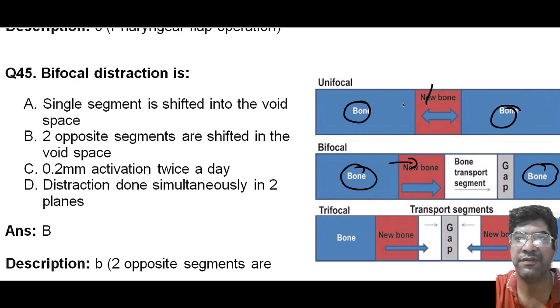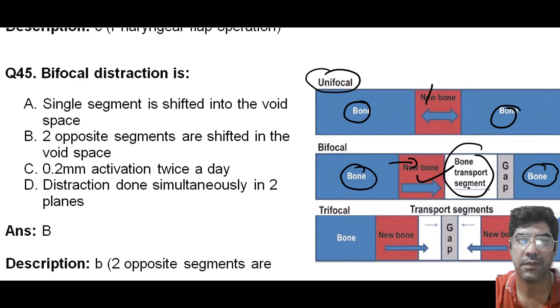It is used when one bone segment needs to be moved, whereas bifocal distraction is used when the defect in the bone leads to separation of two bony segments by such a distance that interpositional bone is required to align the two segments.